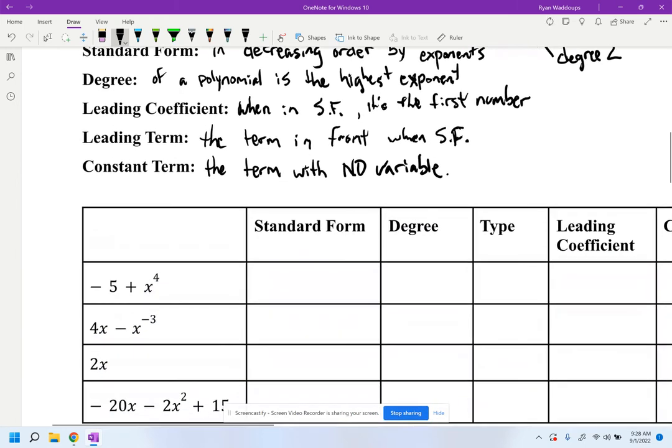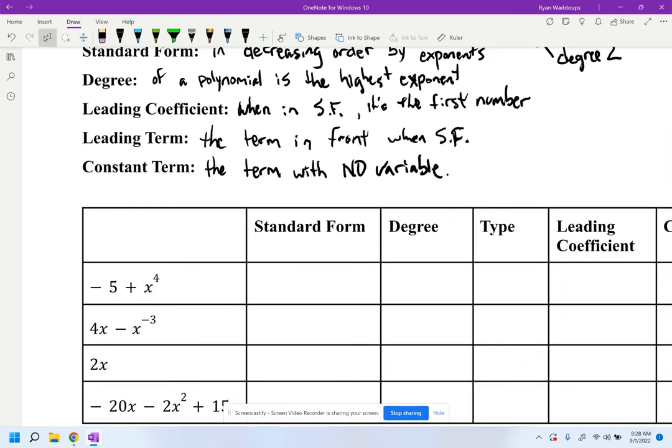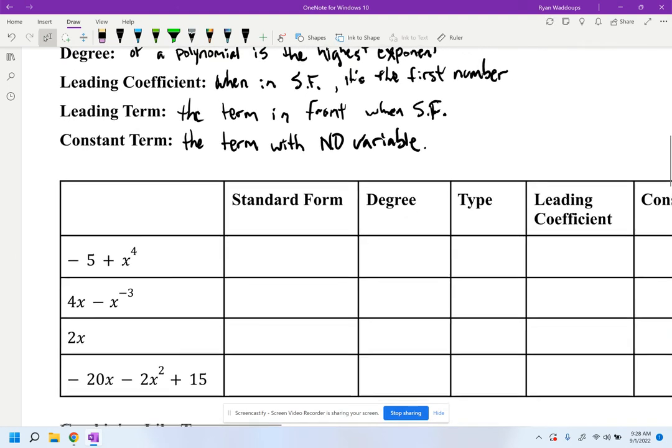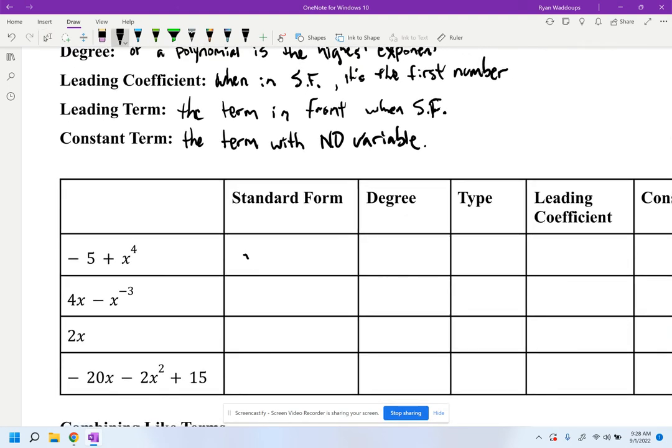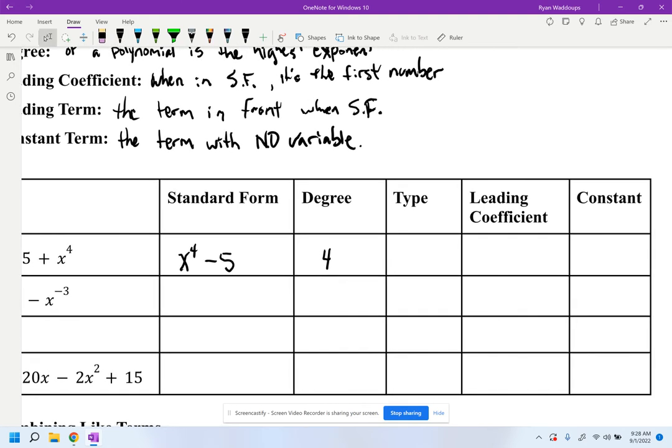So let's look at some examples here. Negative 5 plus x to the fourth. Standard form, that would be x to the fourth minus 5. Degree, 4, because of the 4 on the x. Type, it's got two terms, which makes this a binomial.